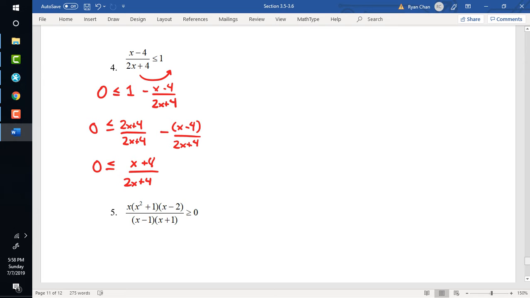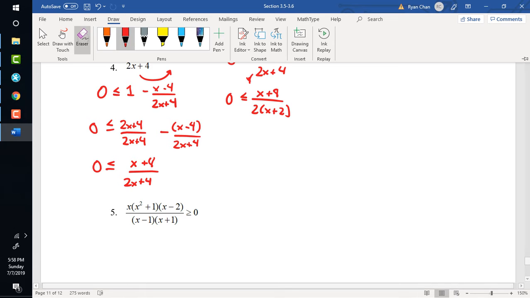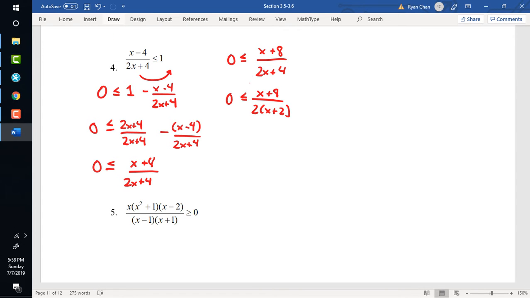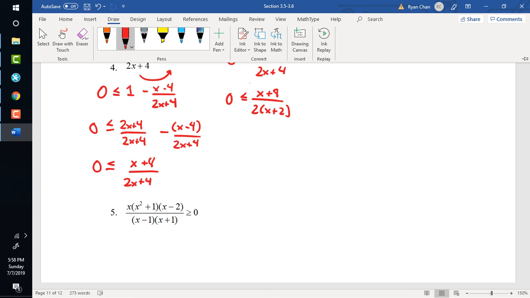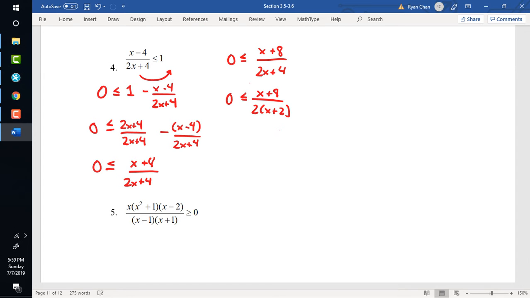When I get to here, let me rewrite this once again. When I get to this part, I'm going to pull out a 2, so the bottom part right here is going to be 2 times the quantity x plus 2. Make sure you factor everything out. Let me erase the little mess up here. Then we can solve everything for x.